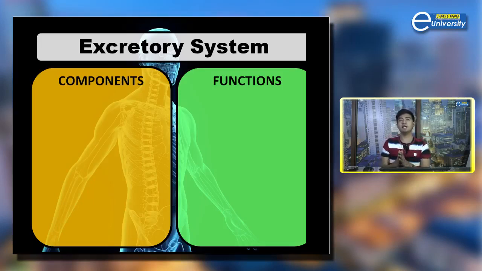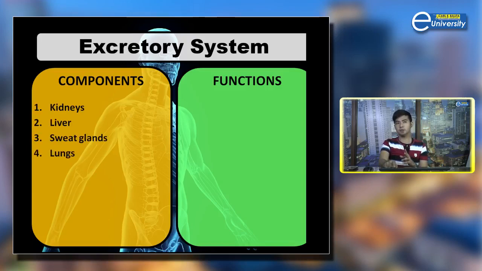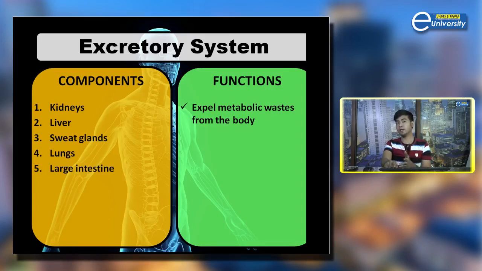Now we're going to deal with the organs responsible for perspiration and urination. This system is called the excretory system. The excretory system includes the kidney, the liver, the sweat glands, the lungs, and the large intestine, and the main functions are, number one, it expels the metabolic waste from the body.